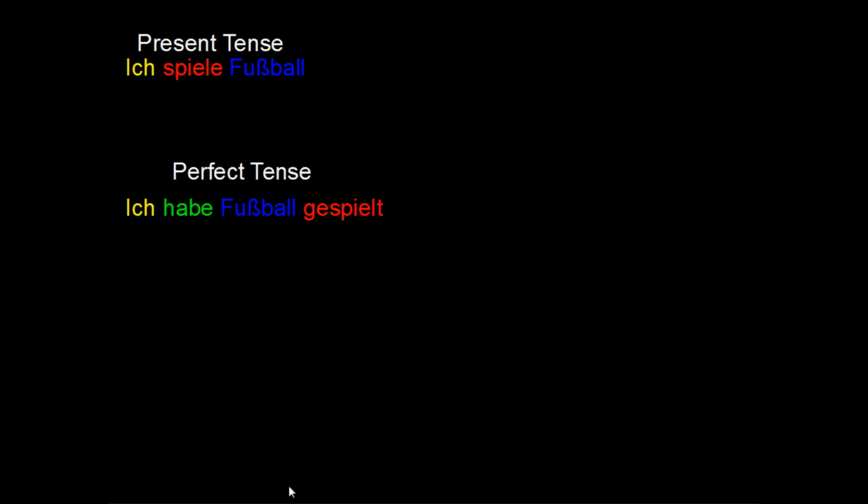There are other past tenses, such as the imperfect tense, but we're not going to focus on that for now. If you're a beginner or learning GCSE German, the perfect tense will be 99% of everything you need to use the past tense in German. So let's get rid of the imperfect and just focus on the perfect tense.